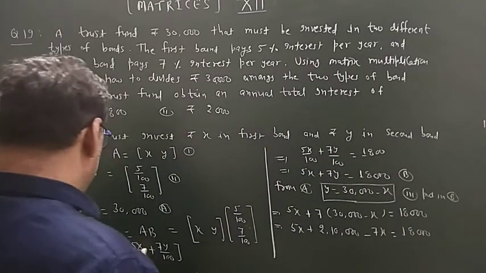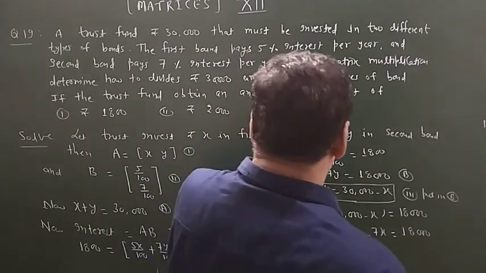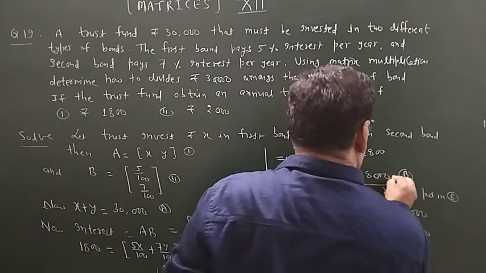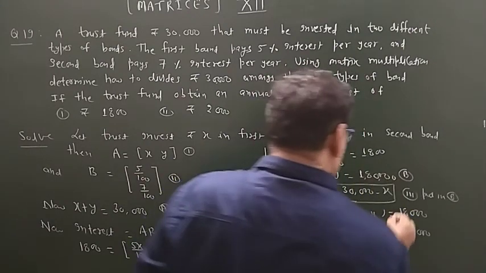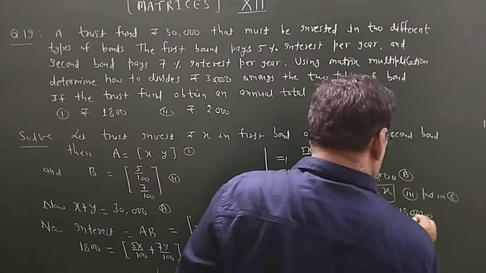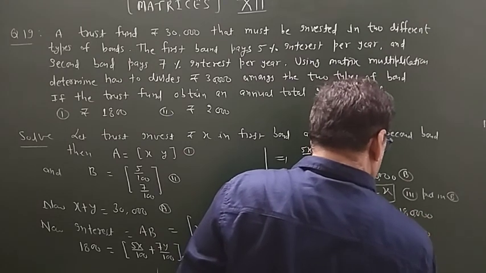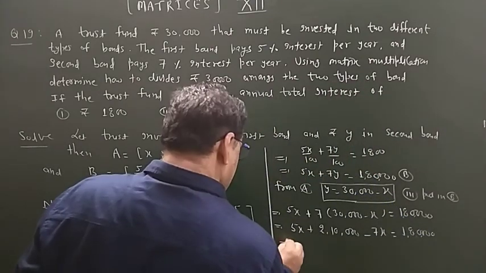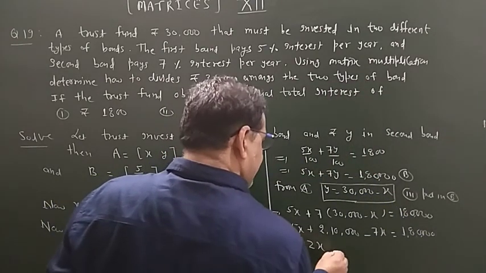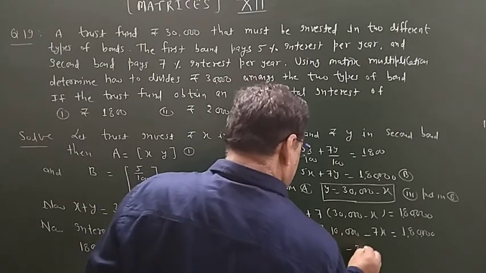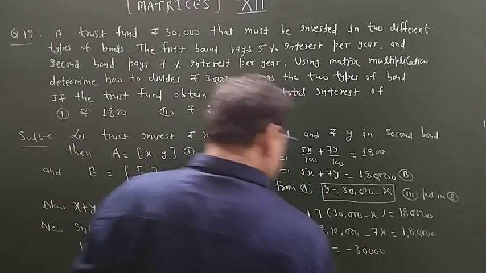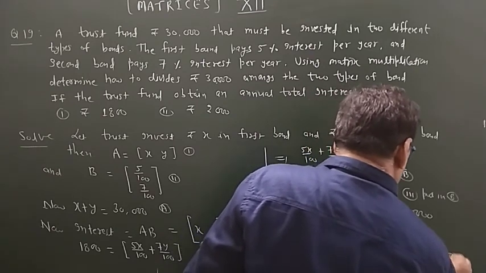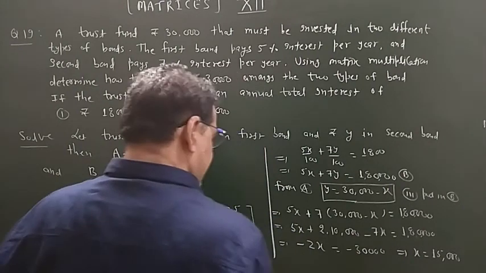Sorry, 5x upon 100 plus 7y upon 100 equal to 1800. So this becomes 1,80,000 here. So now we have minus 2x equal to minus 30,000. So x equal to 15,000.